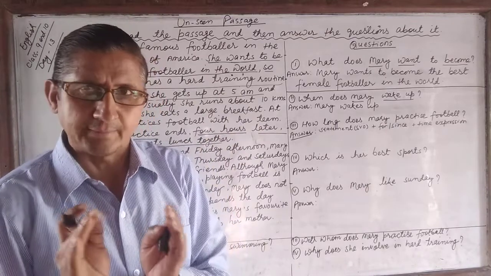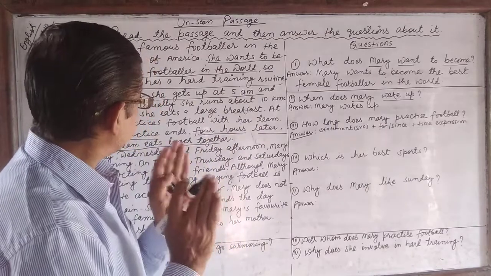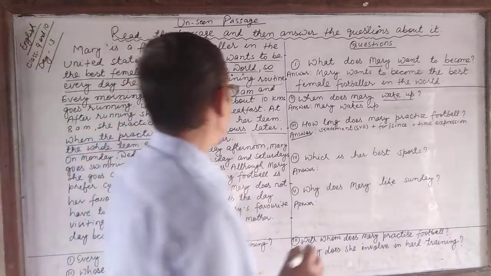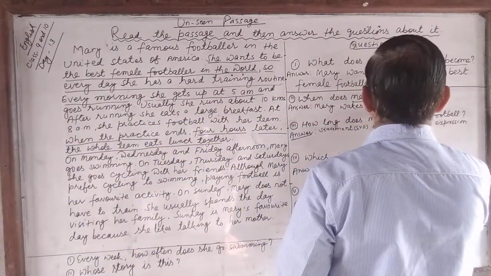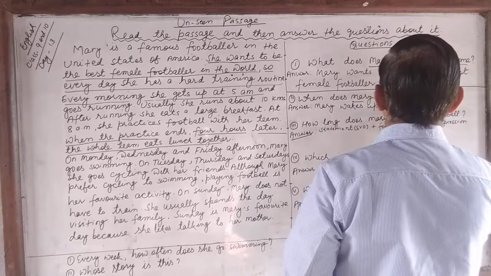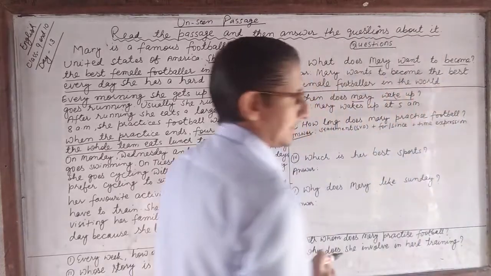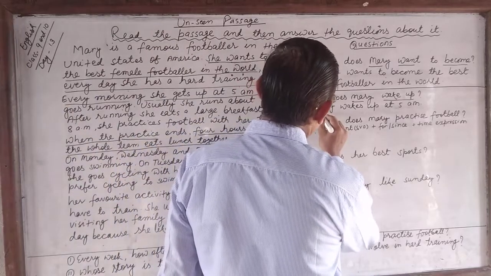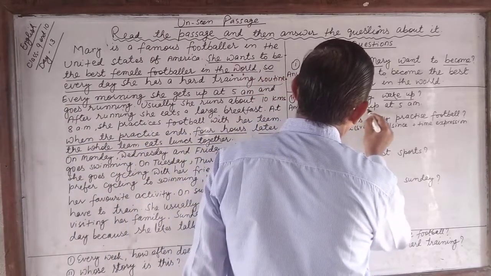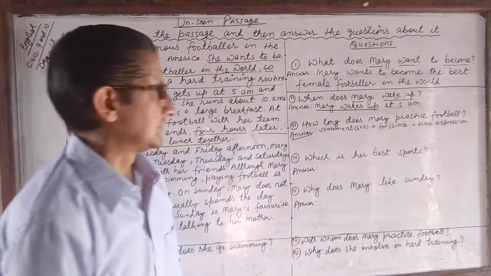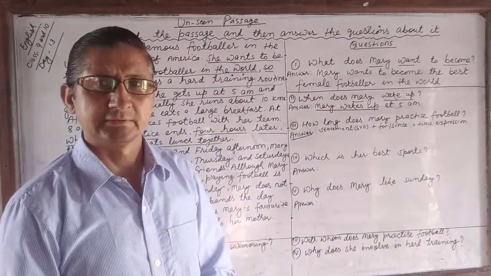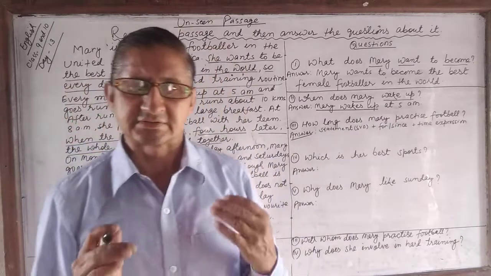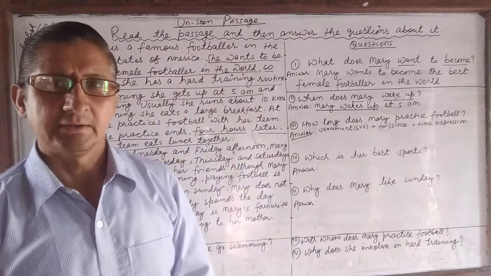At 5 o'clock, at 5 a.m. is the answer. So Mary wakes up at 5 a.m. In this way, we write the statement first. Mary wakes up. This is the statement, subject, verb, and then we write time adverbs. Time at the end of the sentence.